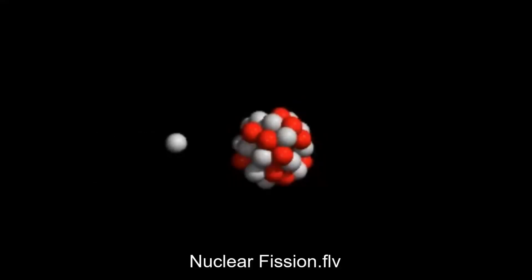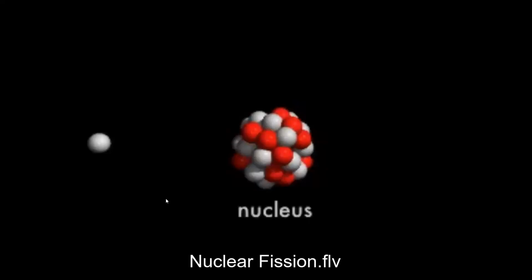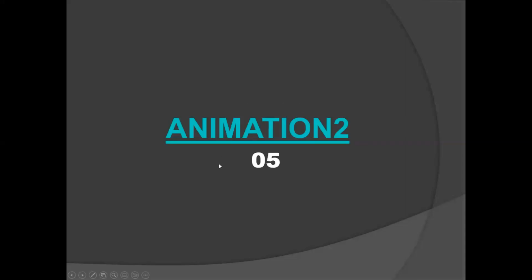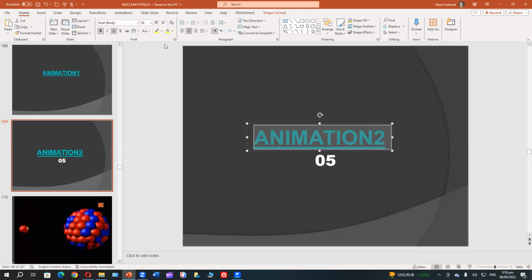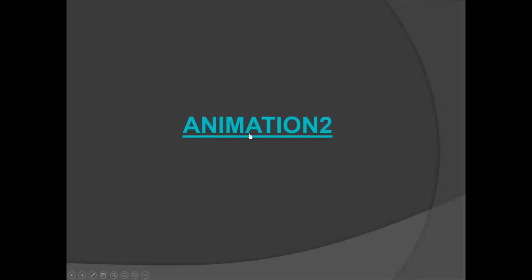Look at this animation. This is called nuclear fission. It is a chain process. What's the meaning of chain process? Once you start this reaction, it will go on by itself. It will be automated.